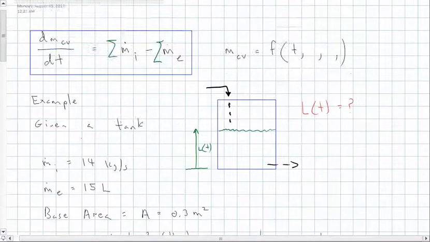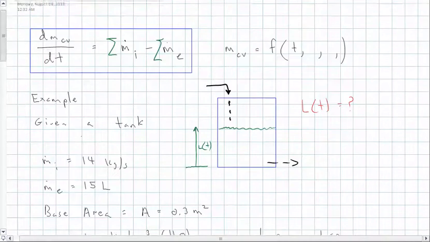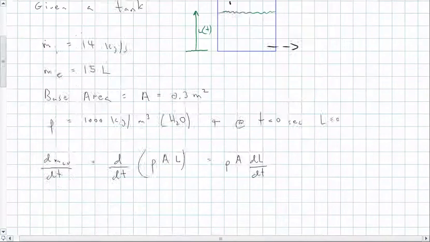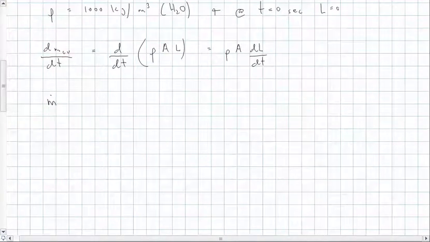Once you have that part of this equation, let's go to m dot in. m dot in is straightforward, simply 14. m dot exit is 15L.